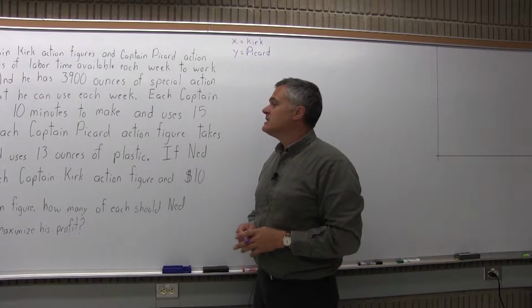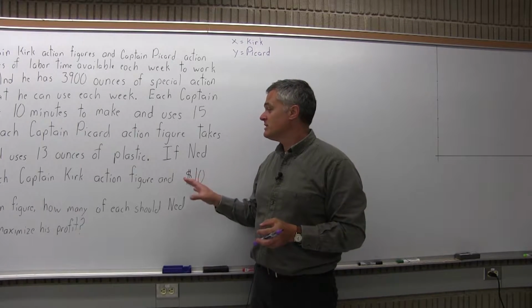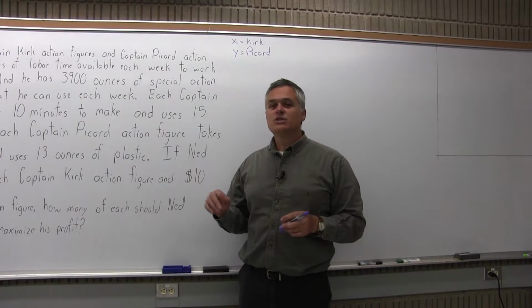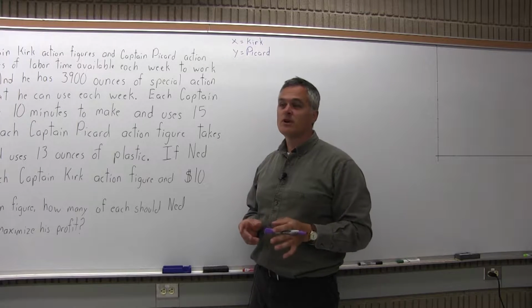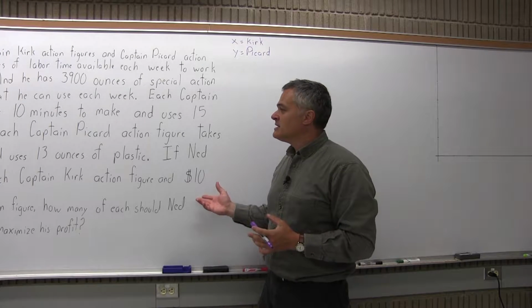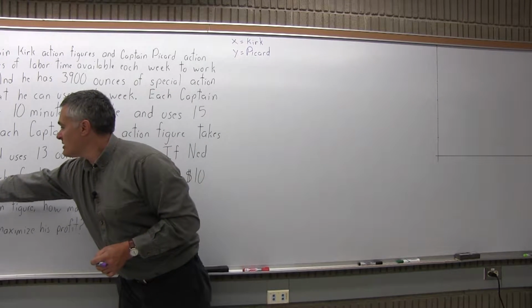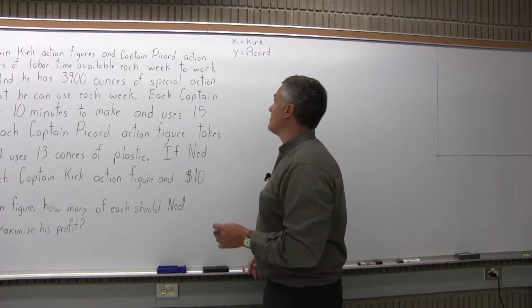Step 2 is write out the objective function. Look for information that's typically about profit, and it's usually near the very end of the problem. Not every single problem, but that's very typical. This one is a pretty typical problem. Near the end, it does say that Ned gets $8 of profit for Captain Kirk and $10 of profit for Captain Picard.